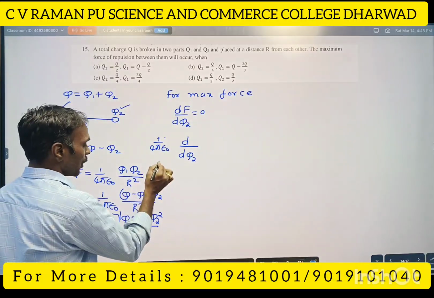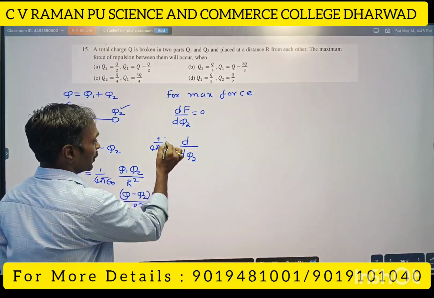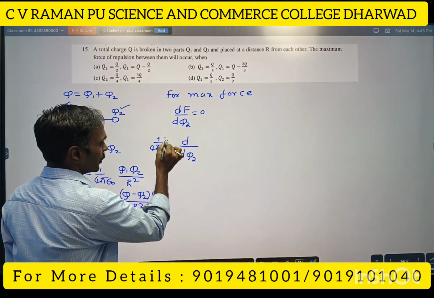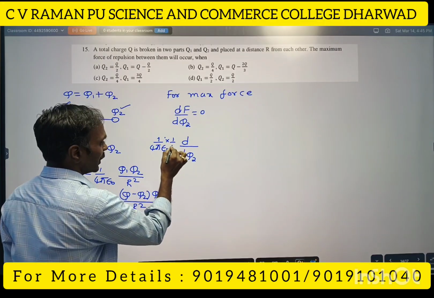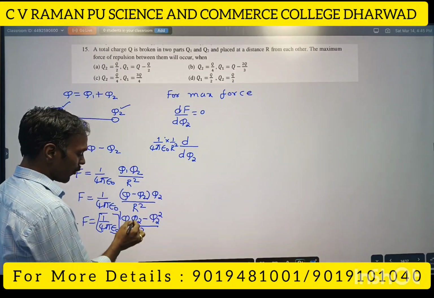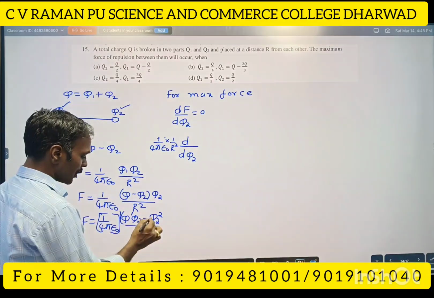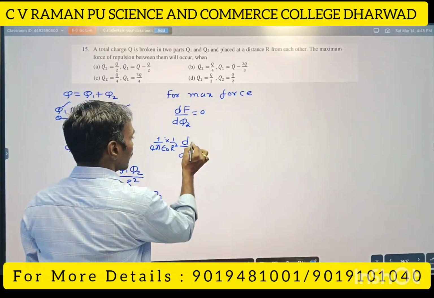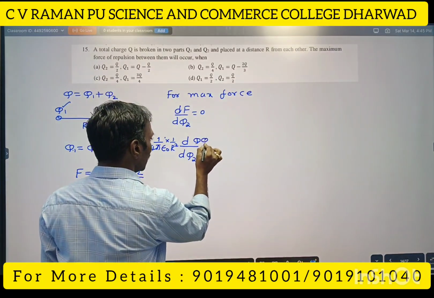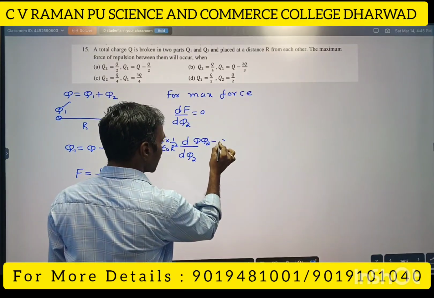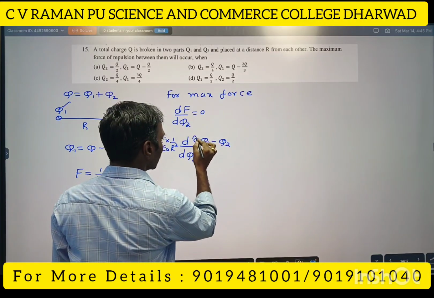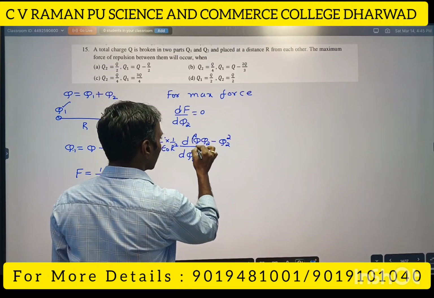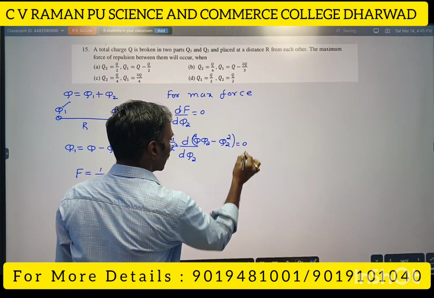Then r square is also constant, which also I am not differentiating. Then what are the variables? Q into Q2 minus Q2 square is equal to 0.